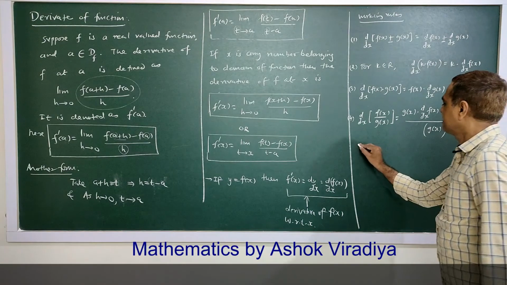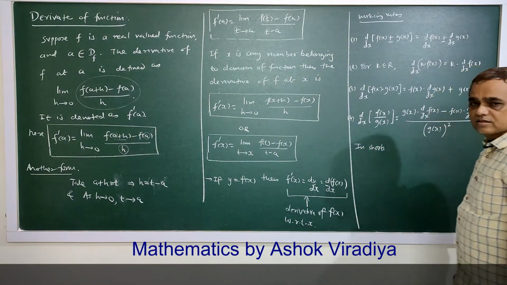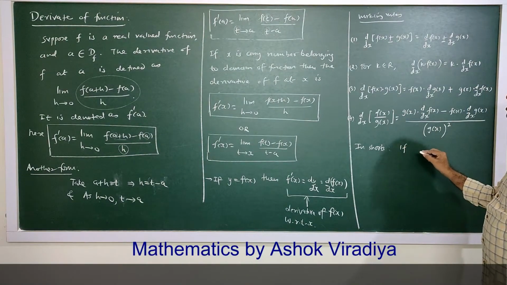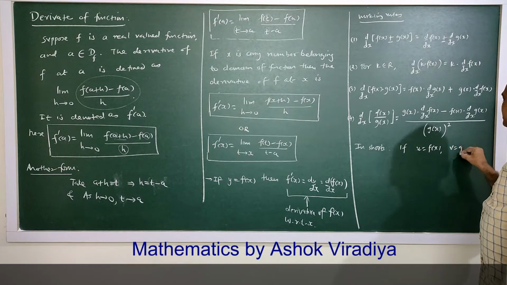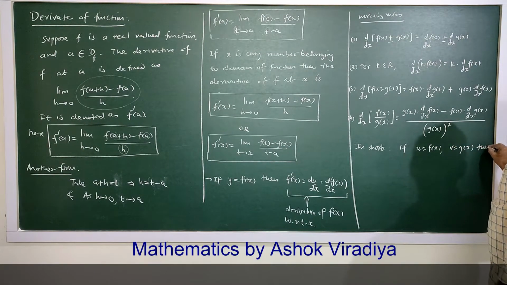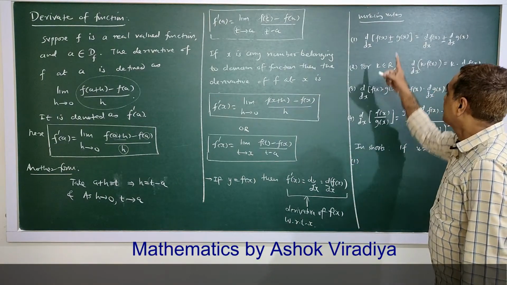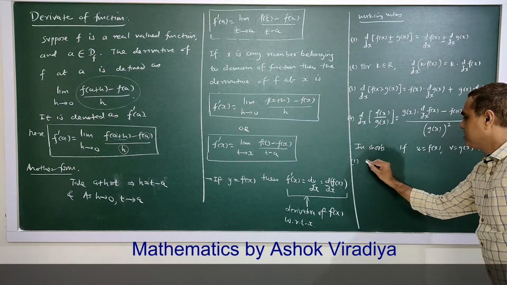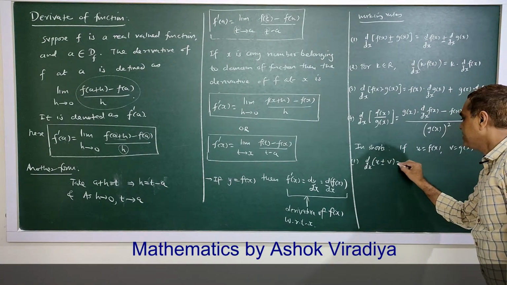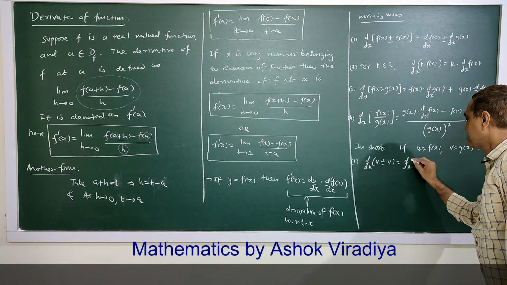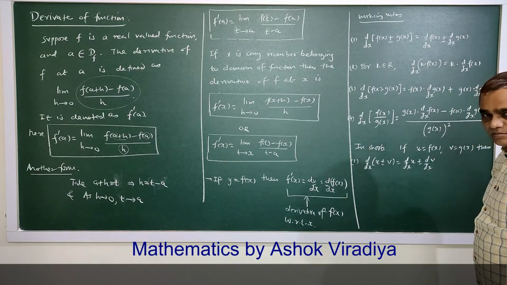See, in short, these rules can be written as, if u is a function of x and v is a function of x, then first rule, repeating, d by dx of u plus minus v is d by dx of u plus minus d by dx of v.